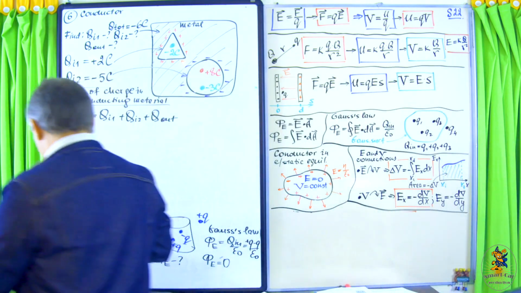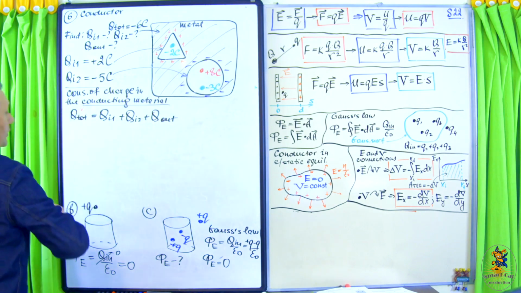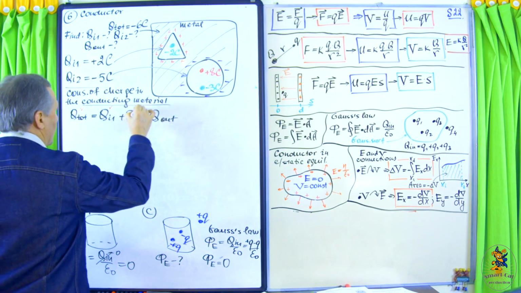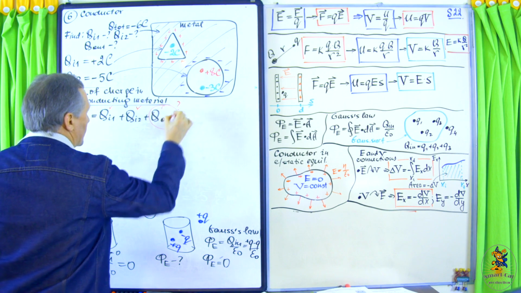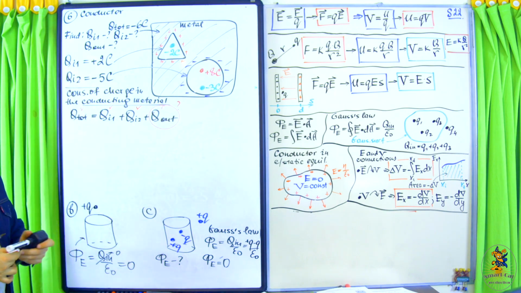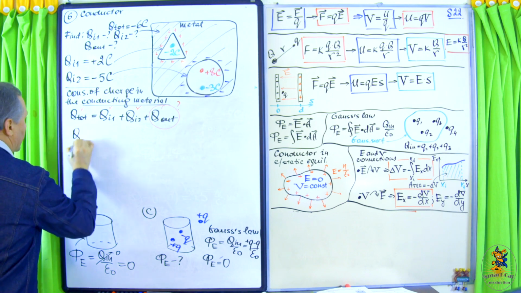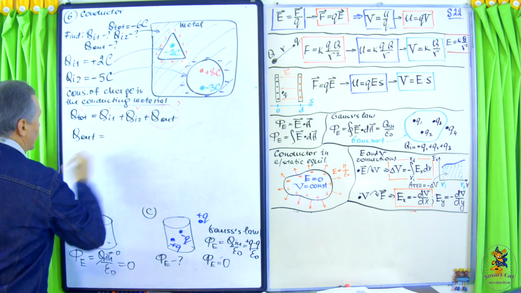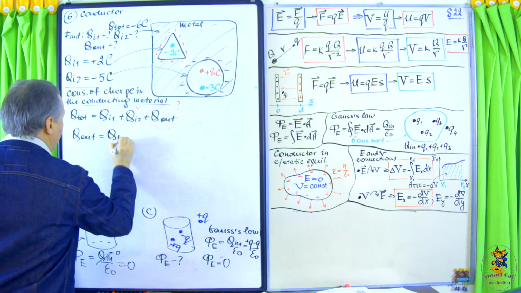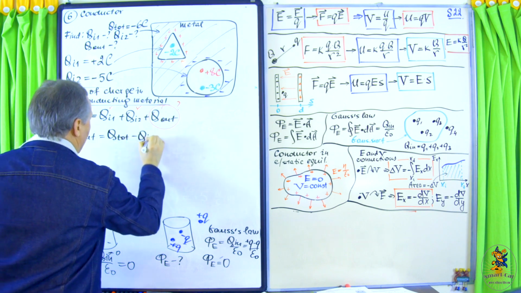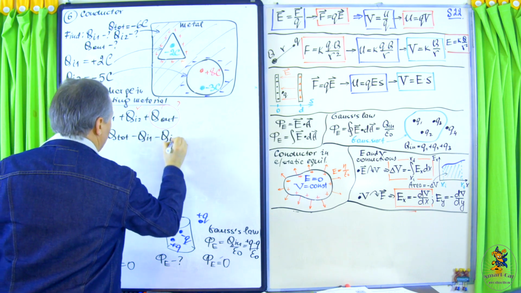And so we know Q total, we found this charge and that charge, so we just need to solve for Q out. You remember we've done it in our lectures and in the recitation classes. So I can write, Q out surface equals Q total minus QI1 minus QI2.